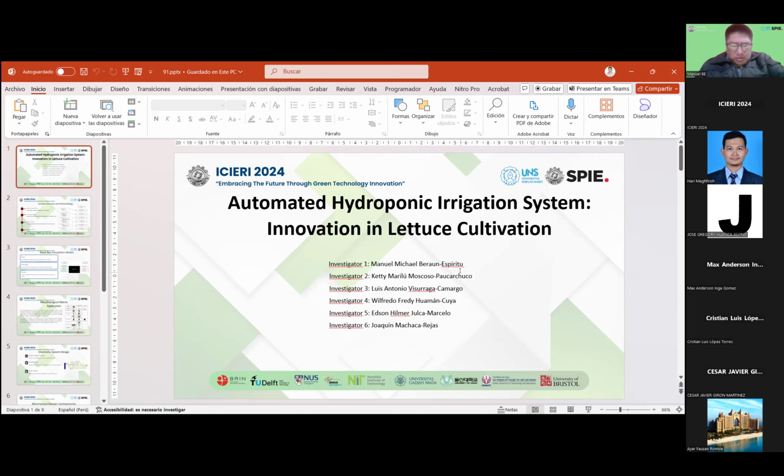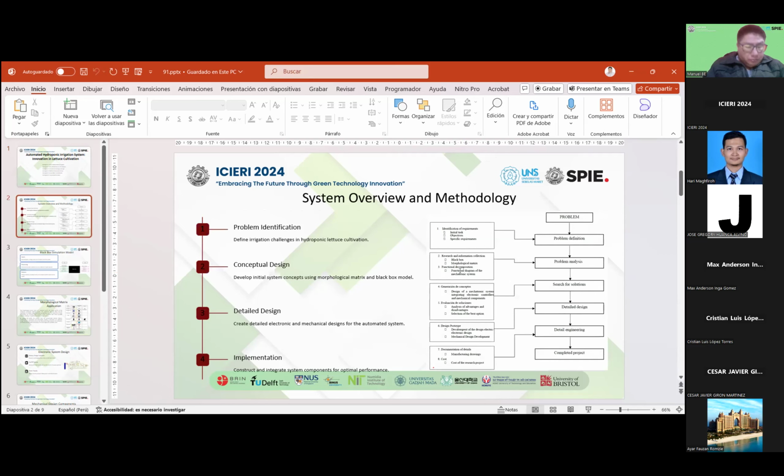sustainability in agricultural production. Irrigation is a fundamental activity in agriculture, as plants require water for their growth and development.